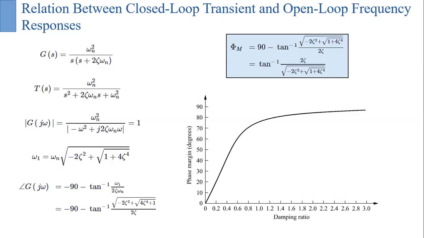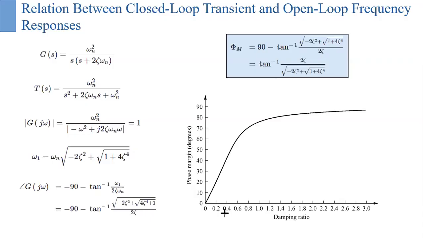For that, we have to find out the phase margin. Phase margin, we already know: whenever the magnitude is 1, at that point, the angle between minus 180 degree and your actual frequency phase is your phase margin.